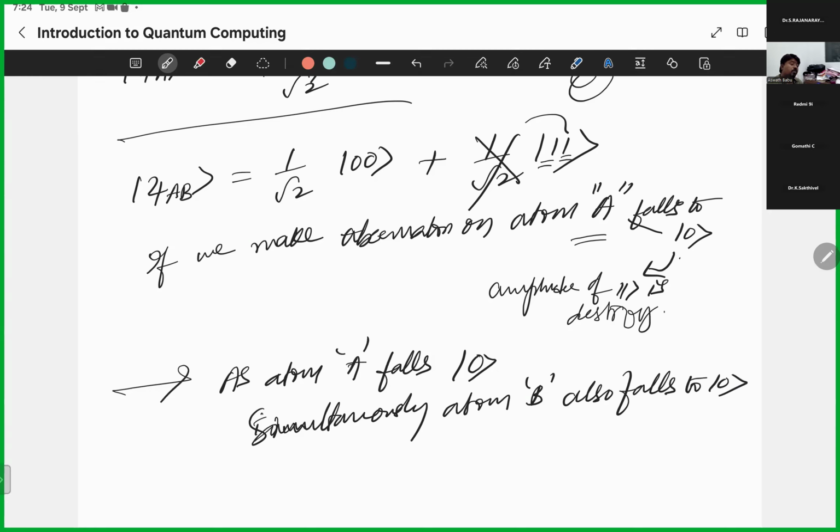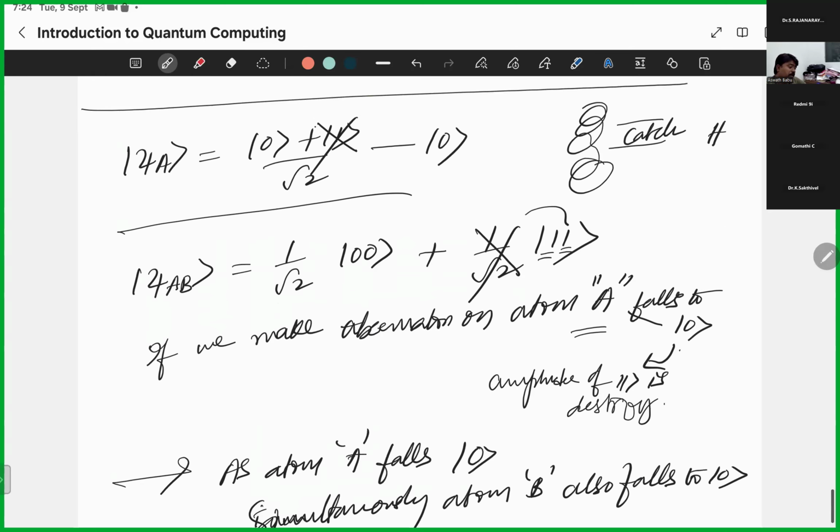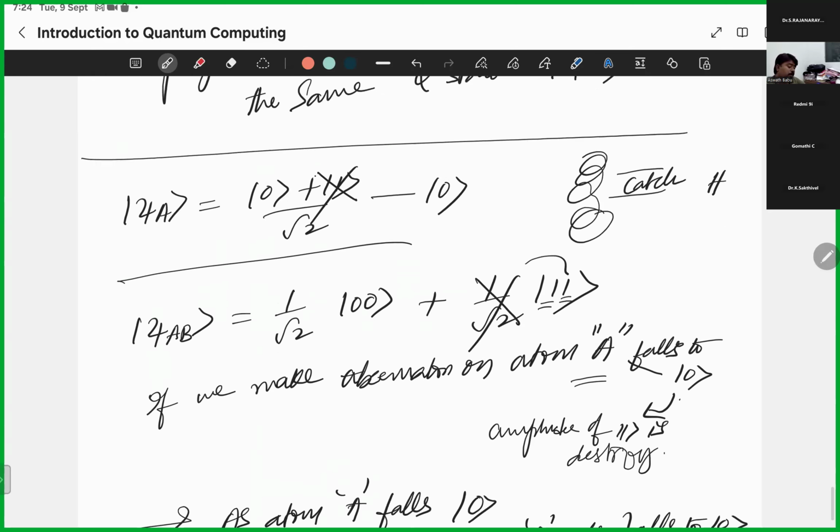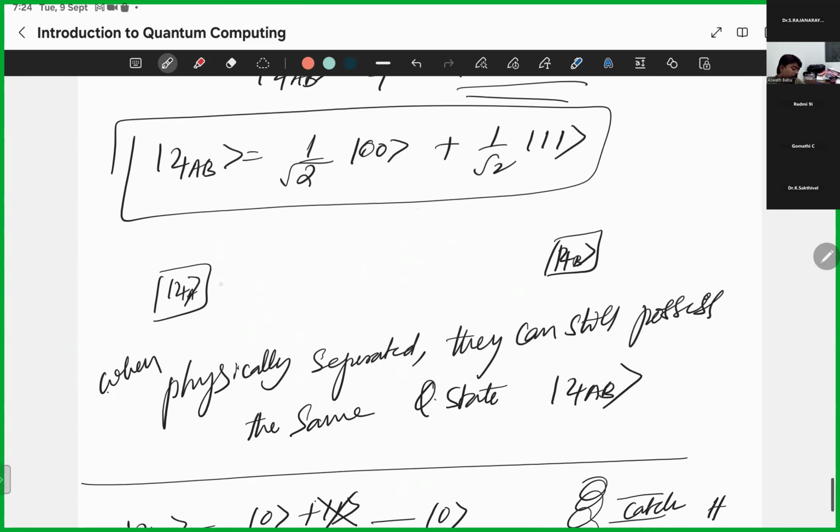So even when things are separated, they are going to have the same effect. Without any information traveling, the effect is traveled between two entities. Atom A falling to 0 ensures that atom B also falls to 0. Atom A falls to 1, atom B also falls to 1.